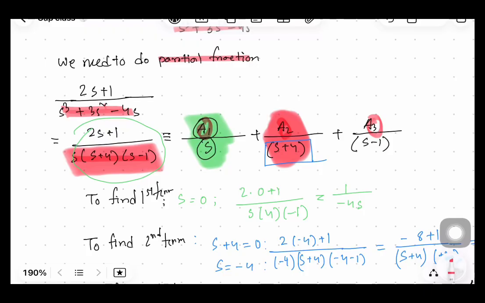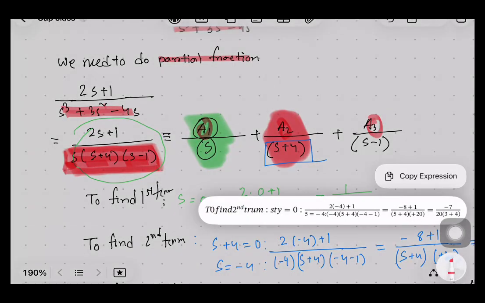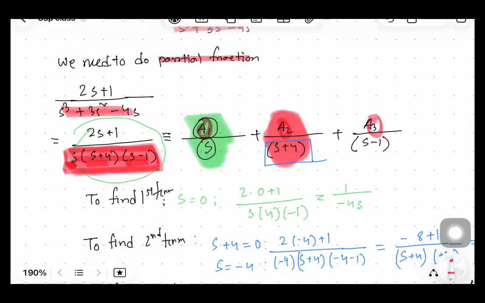Here I will give you a shortcut to get these terms clearly. It only applies whenever the factor terms are not repeated. I'm saying again, this shortcut formula is applicable whenever the factor terms are not repeated. Here s, s plus 4, s minus 1, everything appears only one time.